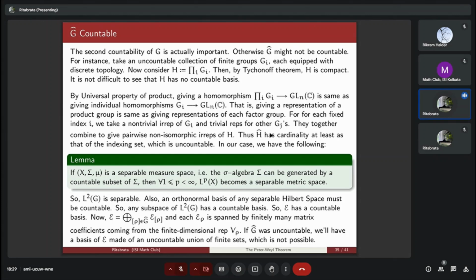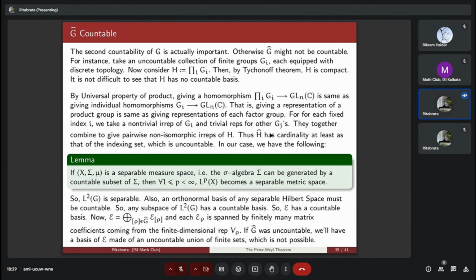So a separable Hilbert space has a countable orthonormal basis. Since L2(G) is separable, all its subspaces must have countable bases. In particular, eta, the space of matrix coefficients, which are clearly square integrable, is a subspace of L2(G), so it has a countable basis.